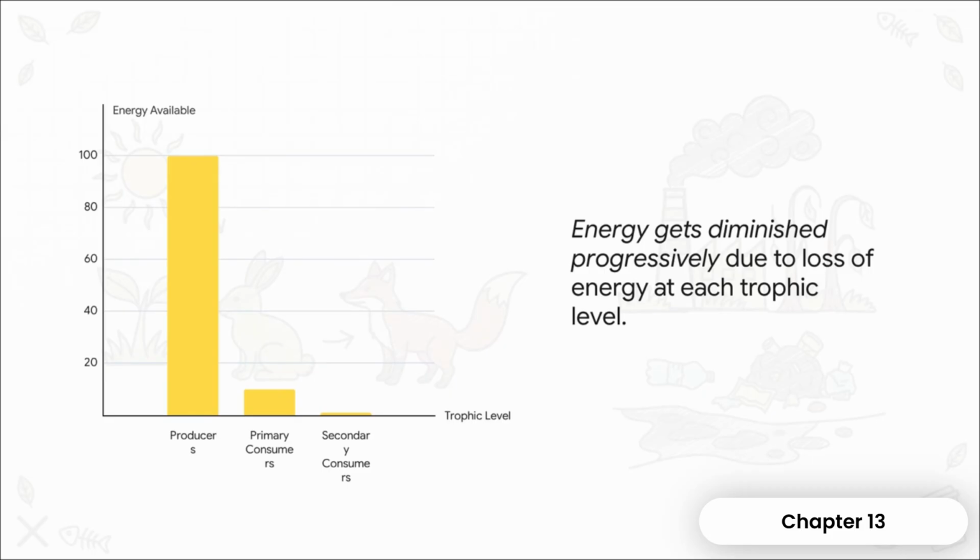Look at that massive drop-off. If the producers at the bottom start with 100% of the energy, the primary consumers that eat them only get about 10% of that. And the secondary consumers that eat them, they're left with just 1%. That means a whopping 90% of the energy just vanishes at every single step, mostly just lost as heat.